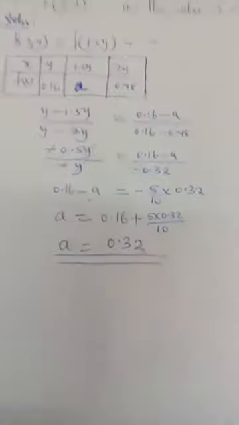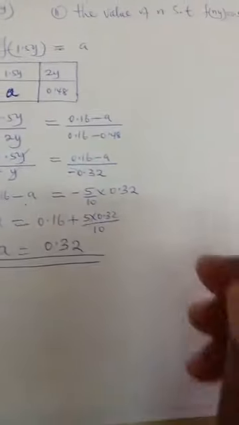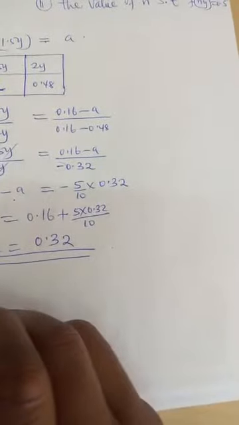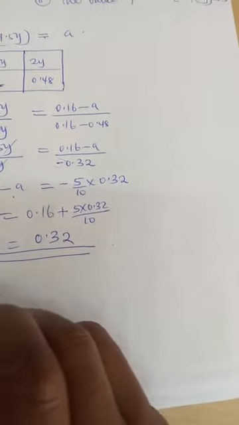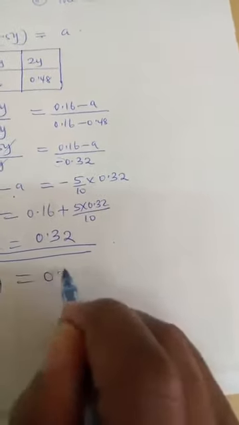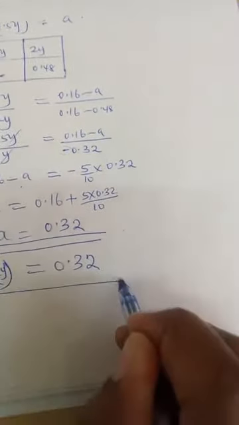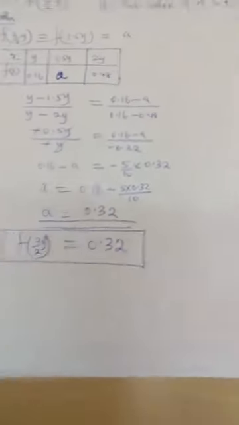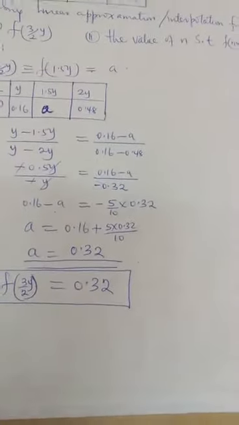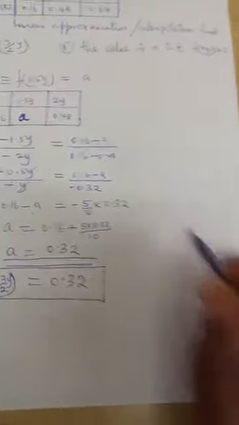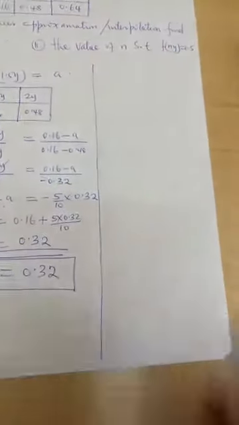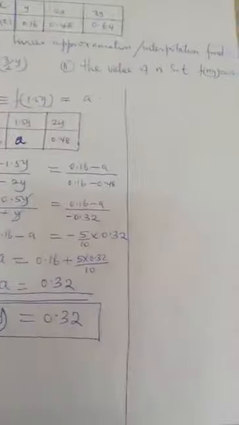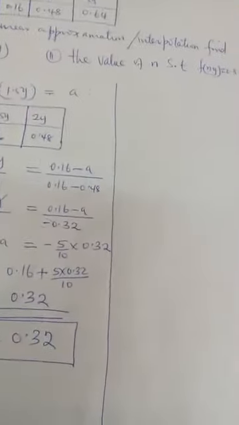So our value of a will be 0.32, and therefore we can conclude that our f of 3 out of 2y is 0.32. Like I said, any other option would be able to produce the same answer. If a student used, instead of this, 3y and 0.64, they would still get the same answer.